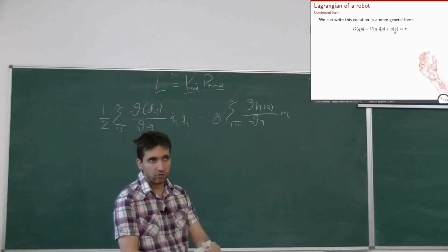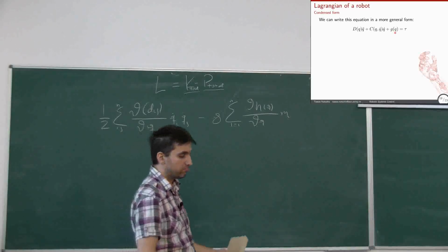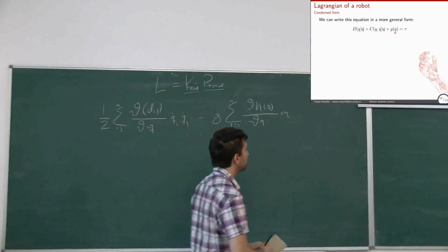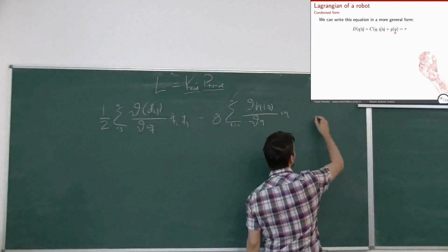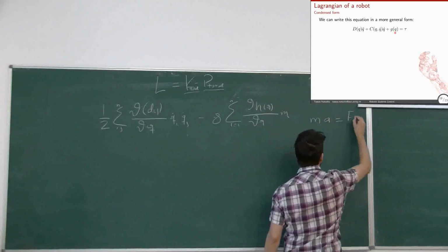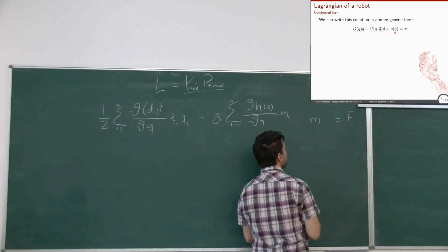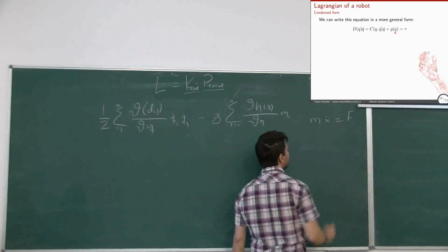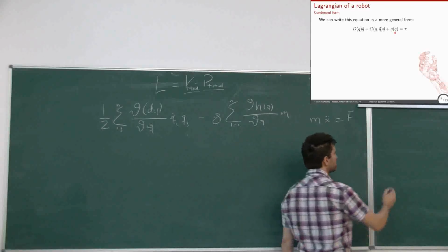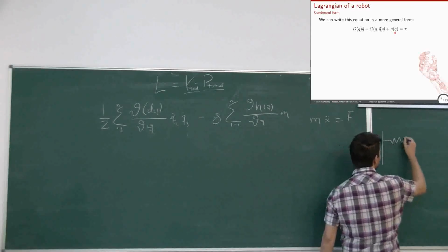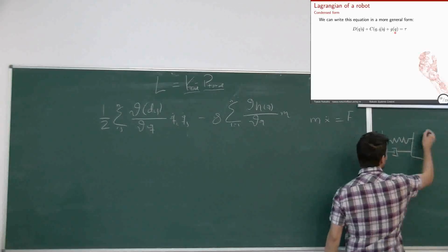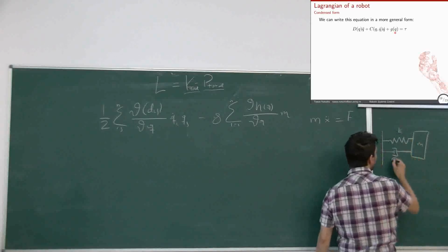Now this you could somehow relate to Newton's equation in a way. For Newton's equation we saw that it was m times acceleration equals force, where acceleration is the second derivative of position. Okay? Have you seen systems with springs and dampers, where you have a mass, a spring, and a damper?